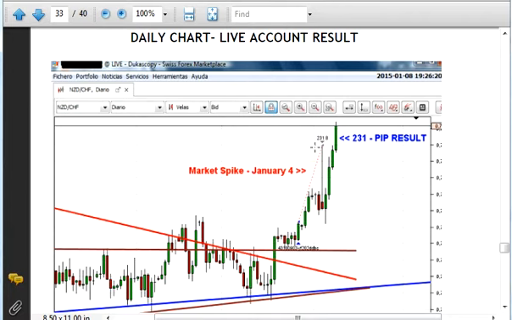And following this, the market actually pulled back sharply as the market responded to the removal of the peg by the Swiss National Bank. So this is a strong example of when the market will hit its target, the breakout equivalent target from a consolidation breakout, and then pull back.